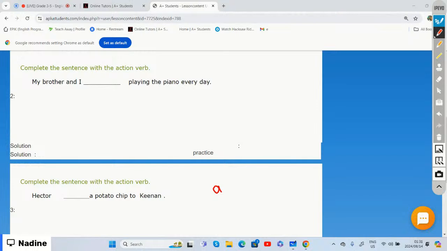Do you want me to explain again what action verbs are? Action verbs are when you're doing something, it's an action that is being done. So even if you are talking, it's an action. If you're playing, it's an action. If you're writing, it's an action. Running is an action, right? We just call them action verbs.